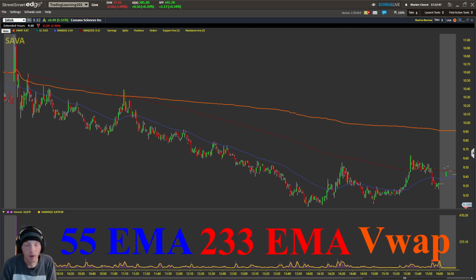For the blue line, you can see it was all acting as resistance right here, was trying to hold up as support right there, was holding as support right there, but fell below it, all acting as resistance right there, and then the stock got above it and ramped all the way up to that red EMA right here, which is the 233 EMA, and then look at right here, it was all holding as support.